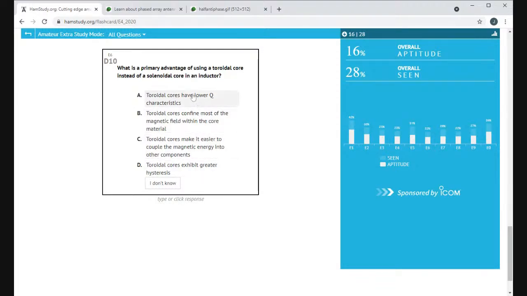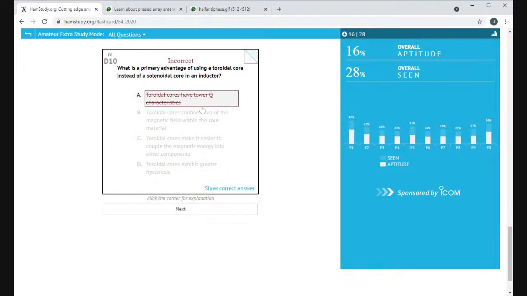I'm going to just guess A. Nope. It is B. Toroidal cores confine most of the magnetic field within the core material.